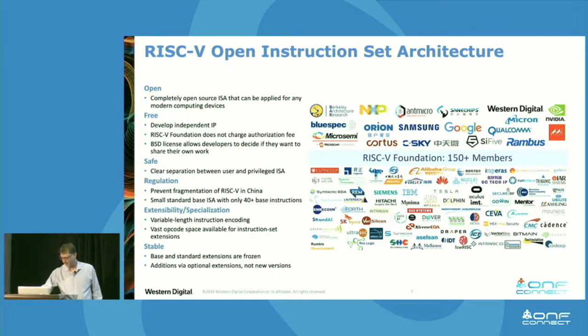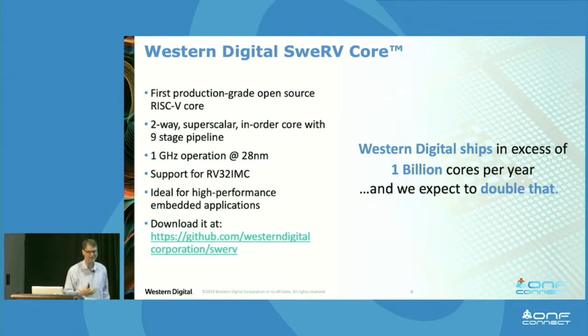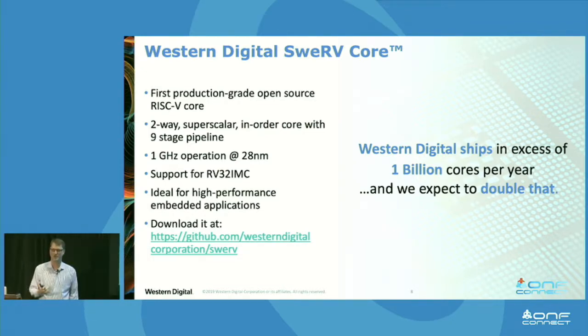And Western Digital was a founding member of this organization. You may not think of us that way, since I described us earlier as fundamentally a storage company, but because we ship a lot of hard disk drives and SSDs and storage systems, our devices have cores in them.